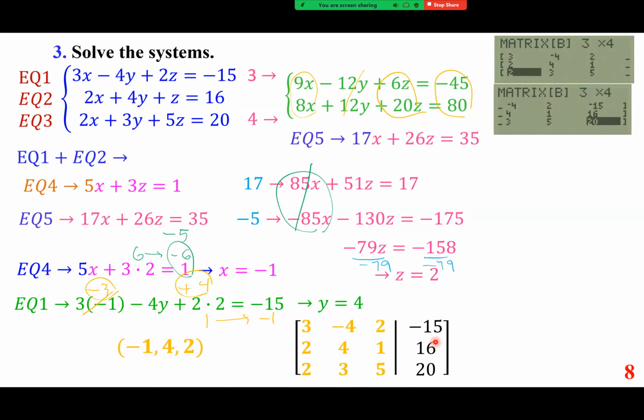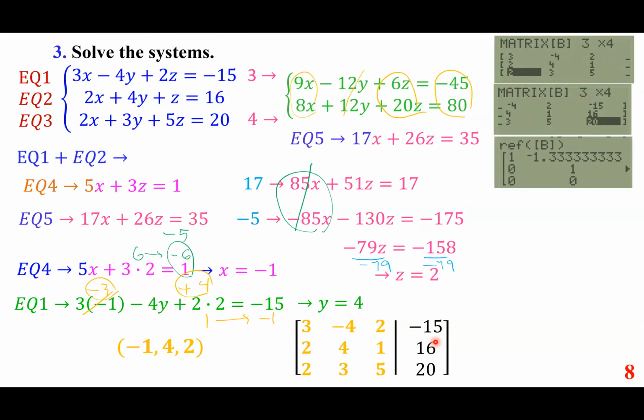Now we can do REF, row echelon form, and reduced row echelon form. Let's look at both cases. If we do REF, and again, it doesn't have enough room to show you, but the first column, notice the first entry is 1, everything underneath is 0. When you go to the second column, this leading coefficient must be 1, underneath is 0, the top doesn't matter.